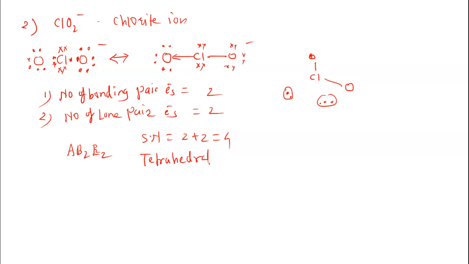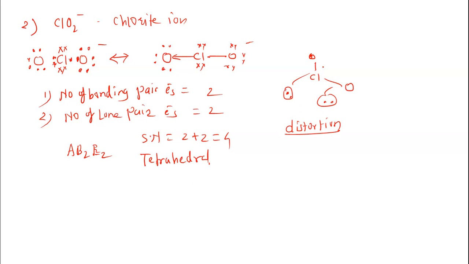These lone pair electrons cause distortion in the molecule, because the bond pair electrons are shifted. Repulsion takes place between the lone pair and bond pair electrons.